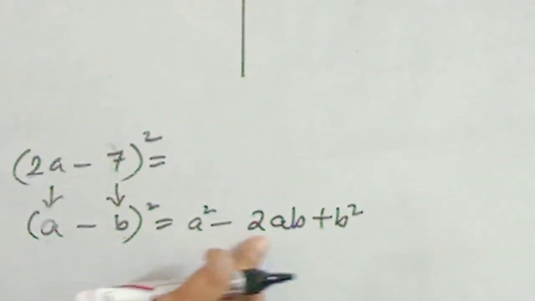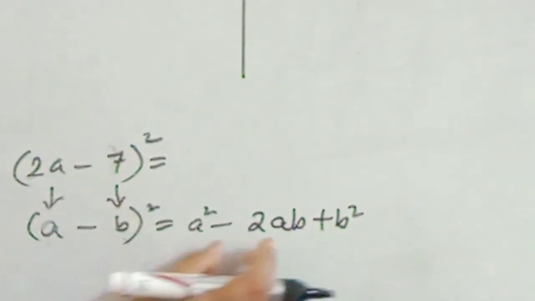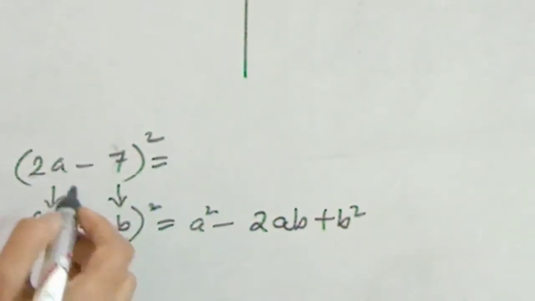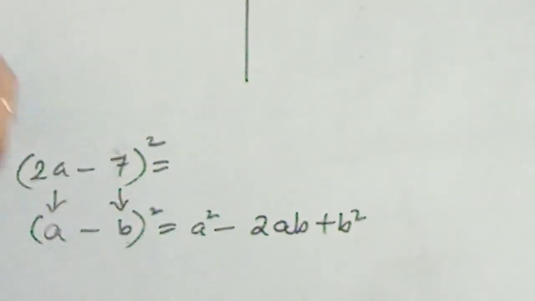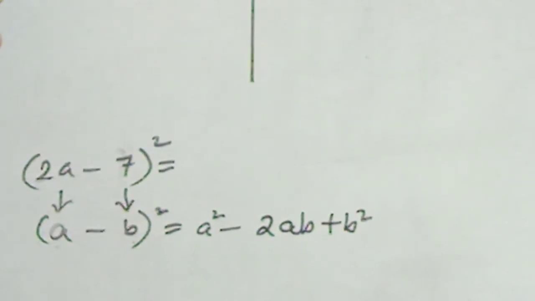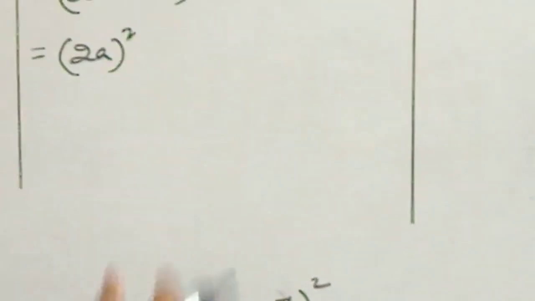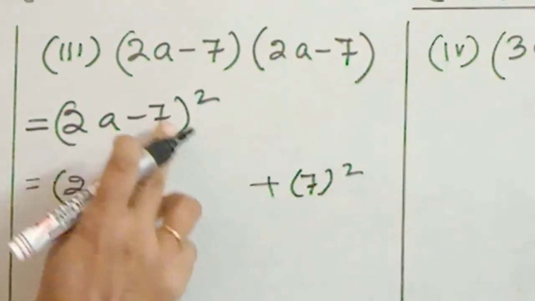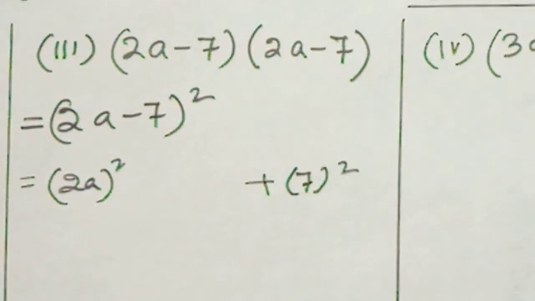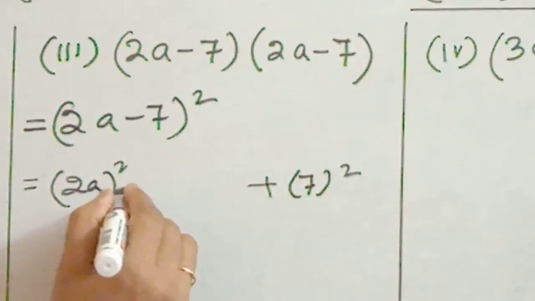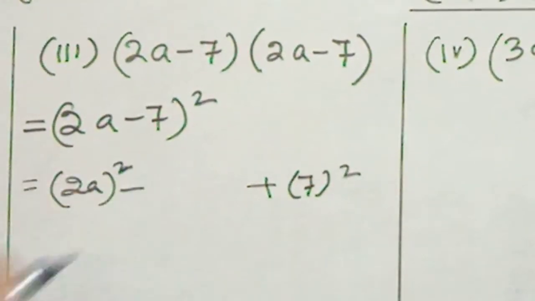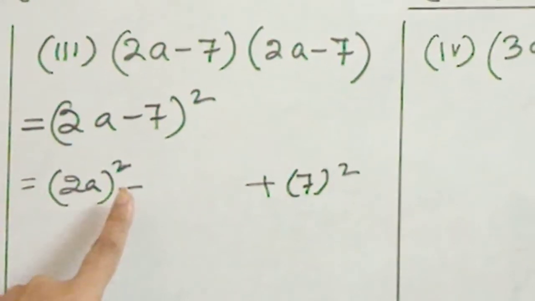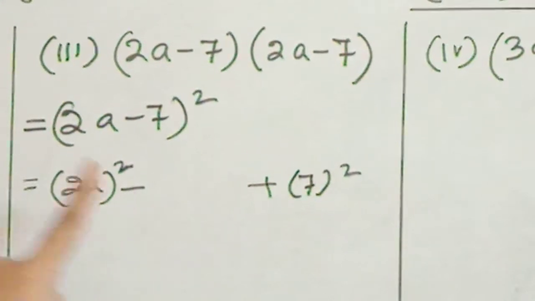Only 2ab, the product of a and b will be negative, minus sign. So here what you will do, a square means 2a whole square, this is our a, and plus 7 square, this is our b, a square plus b square, 2ab. Before 2ab you need to write minus, because a minus b whole square, before 2ab you have to write minus, and this is the main difference of a plus b whole square and a minus b whole square.